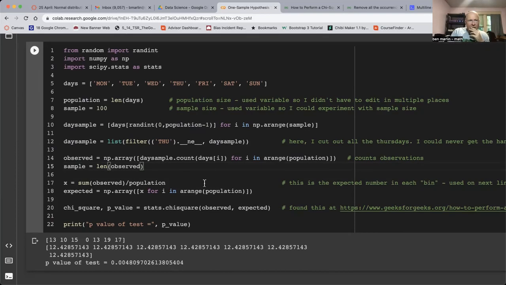And then as we run along here, sample length observed, and yeah, so your X will be the sum of those observations divided by the population. Is that right?